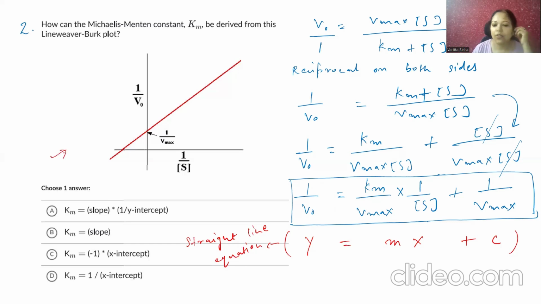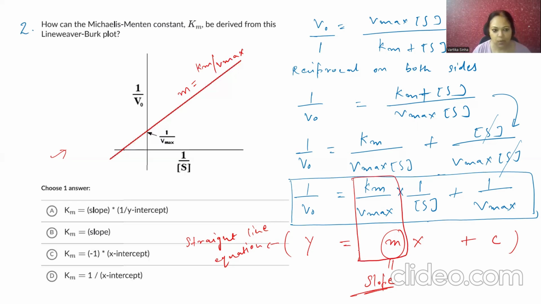Now what you need to know extra about this equation is that this m represents the slope of the line. The value of m, if you look at this, will be equal to Km upon Vmax, right? And m is the slope, that is the first thing.